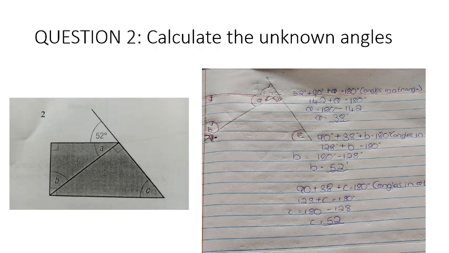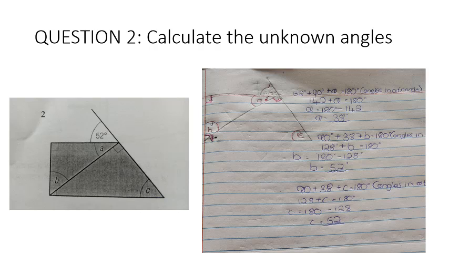So 38 degrees plus 90 degrees, the answer is 128 degrees, plus B is equal to 180 degrees. Now for us to find the value of B, we are going to subtract 128 degrees from 180 degrees. So the answer will be 52 degrees. That is the size of angle B.